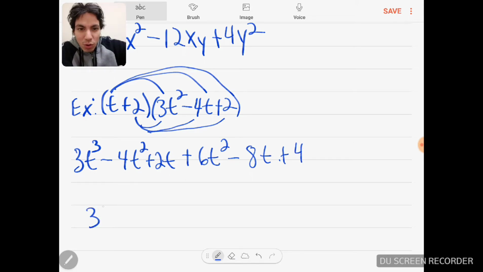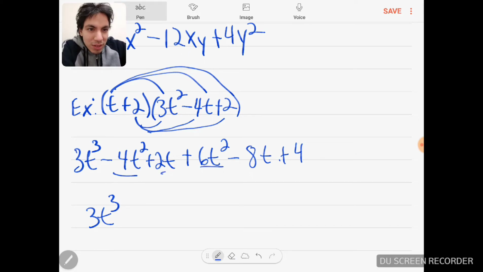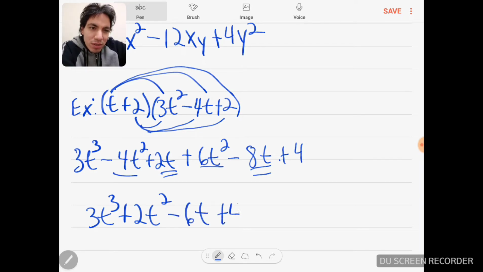Always write the most powerful exponent, the degree, in the first term, so this way you don't get confused. We'll combine these two, and we'll combine these two. I get plus 2t squared, because 6 minus 4 is 2. And then 2 minus 8 is negative 6t plus 4 as my final answer.